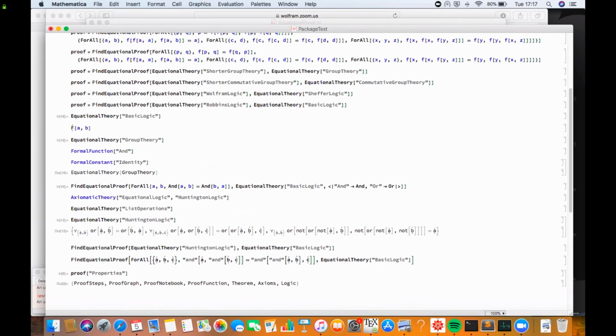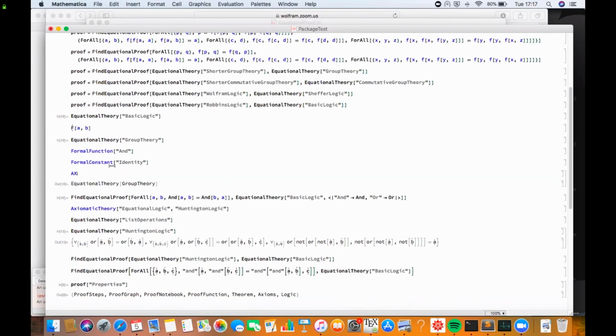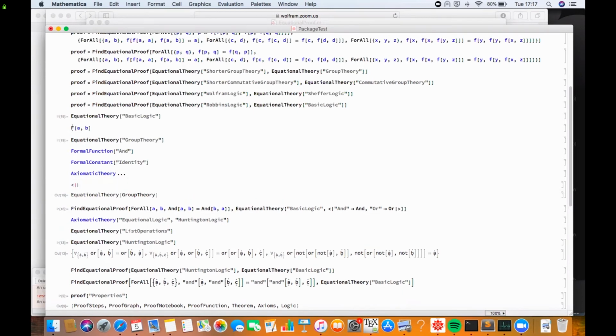But okay, so let's imagine it was these things. Then in the axiomatic theory, we would have an association, and one of the pieces of the association would be quotes formal functions arrow, and then a list of formal functions, and then formal constants, and then we would have axioms, which are given in terms of those formal whatevers.